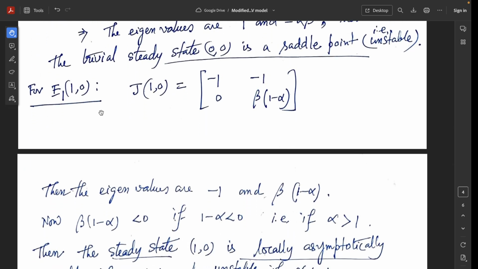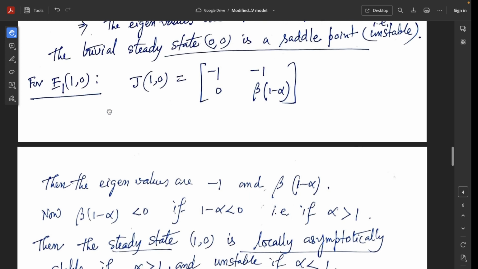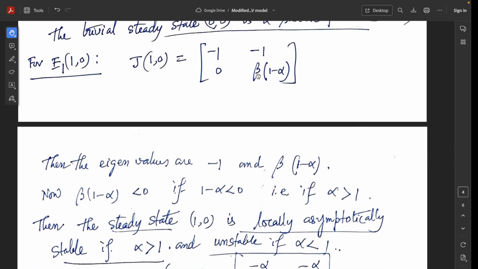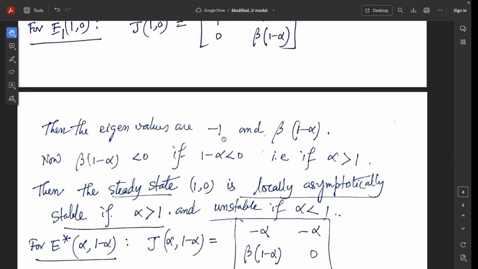Next, for the steady state (1, 0), J at the point (1, 0) equals [minus 1, minus 1; 0, beta(1 minus alpha)]. For this upper triangular matrix, the eigenvalues are the principal diagonal elements: minus 1 and beta(1 minus alpha). Minus 1 is negative, and for negativity of the other eigenvalue, since beta is a positive quantity, 1 minus alpha must be negative.